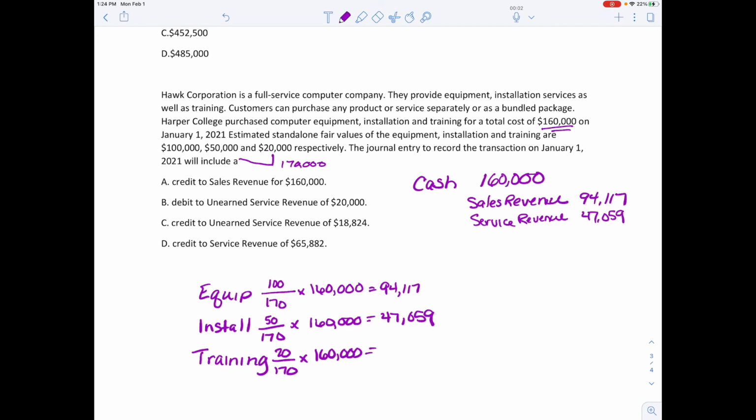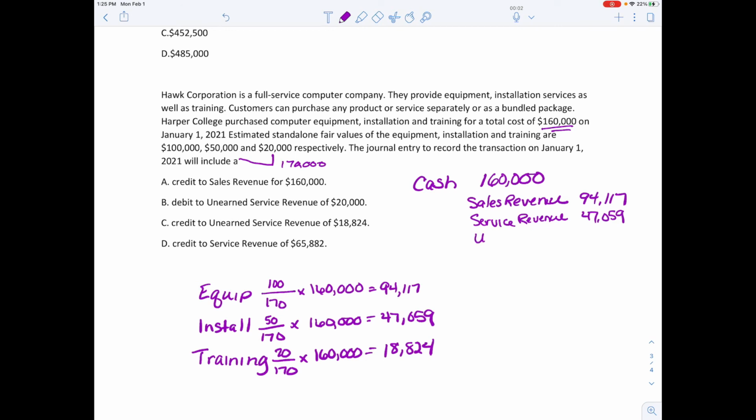So that training piece accounts for 20,000 of the 170. Multiply that by 160. I should get 18,824. Now that training piece, it's not really clear in this problem, but that training does go throughout the year, right? Because the training is kind of like a service that you're providing if they need help.